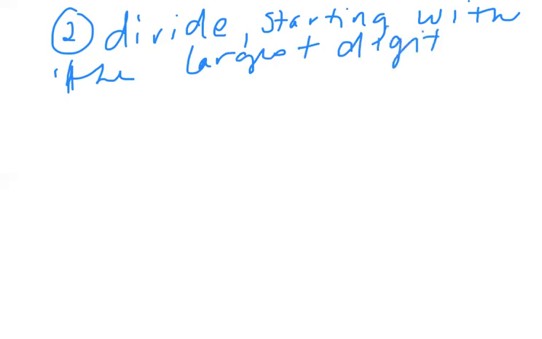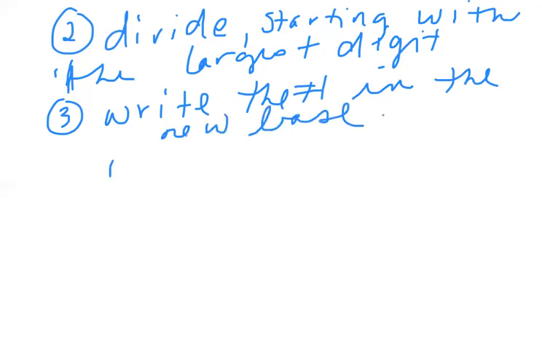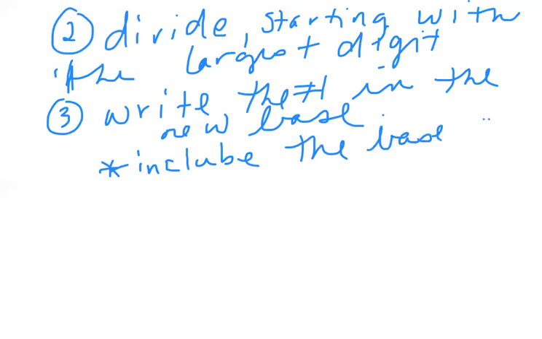And then once we're done with the division with the place value, starting with the largest digit, we're going to now write the number in the new base. And guys, when you write your number in the new base, you want to make sure you include the base as a subscript, so you can tell people this is what base I'm in.